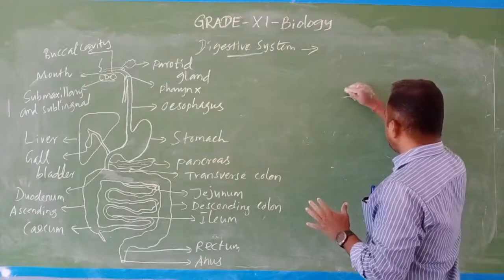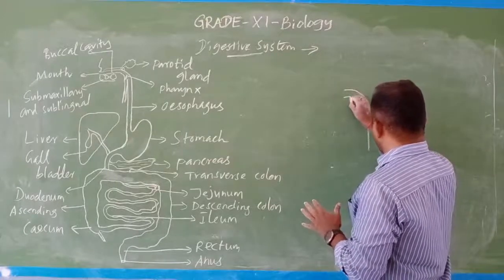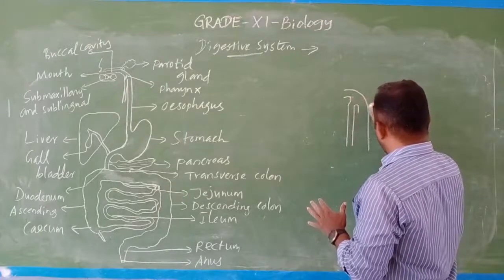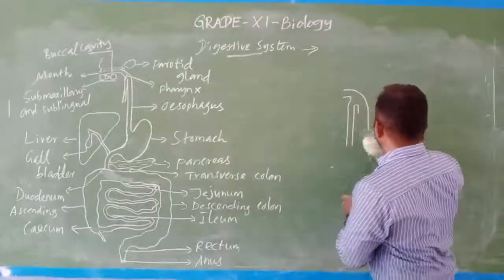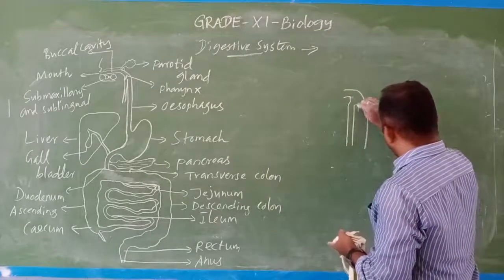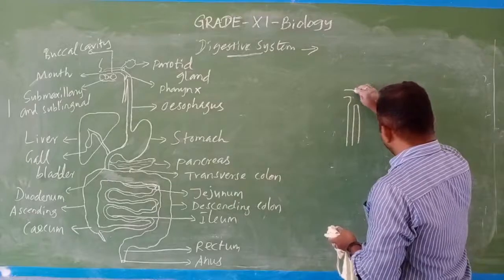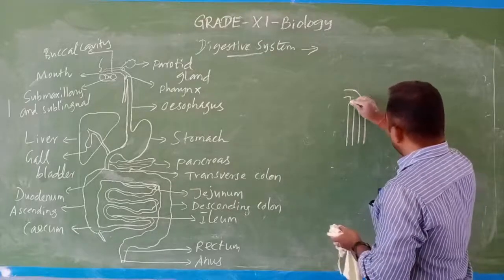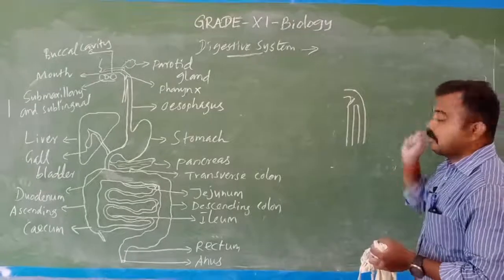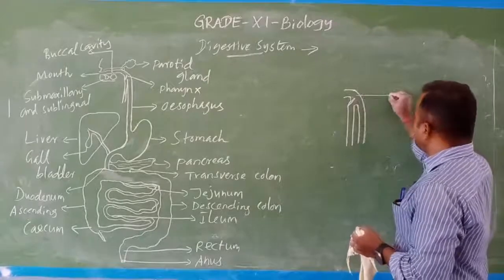Here a leaf shaped flap will be there. This area is the pharynx.